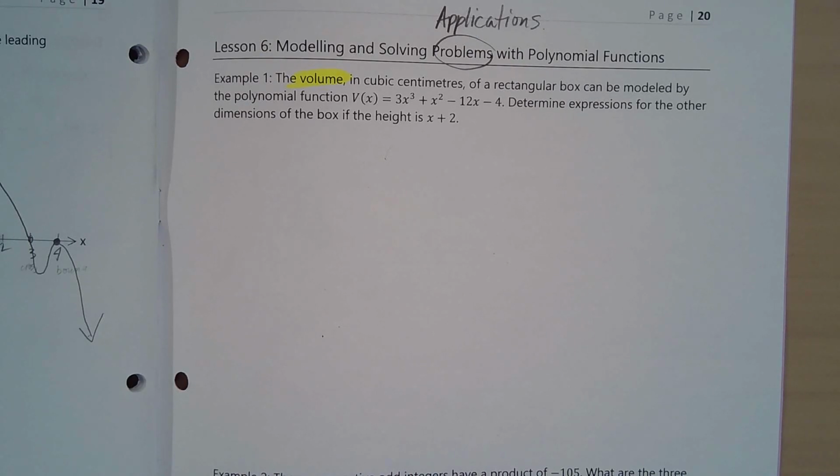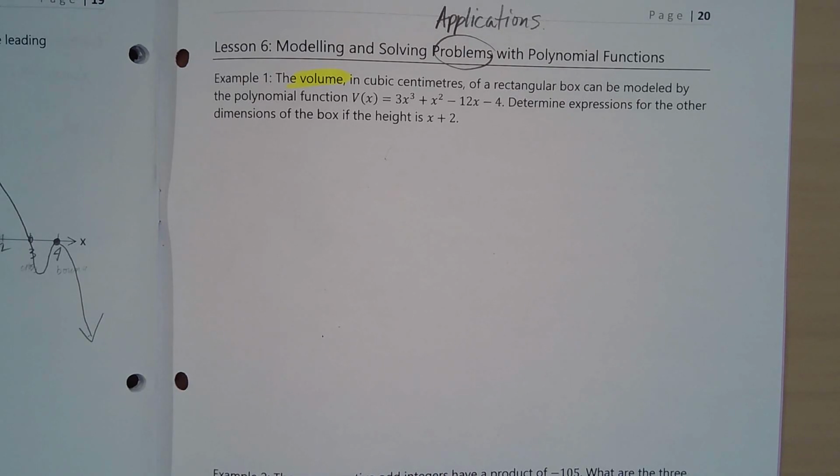Because I'm taking 3 dimensions. So you can see why area and volume might turn up in the applications part of polynomials, because we end up with cube terms and square terms. So that makes sense that this first question talks about volume. We're doing a problem with volume because it's a cubic measure.